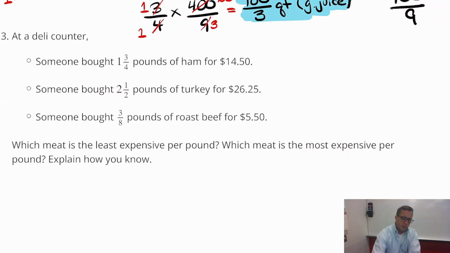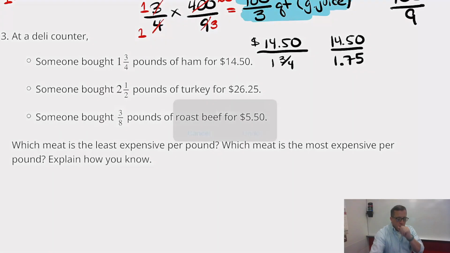Out of all these, we're just going to do $14.50 divided by 1 3/4. Now 1 3/4 is really 1.75. And so that will make it easier to do the math here.